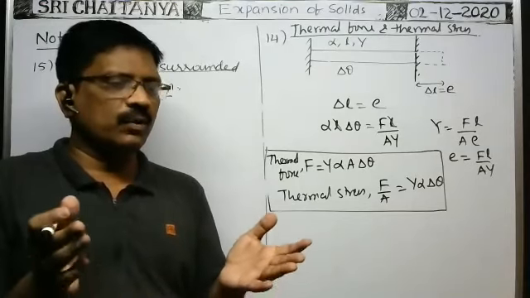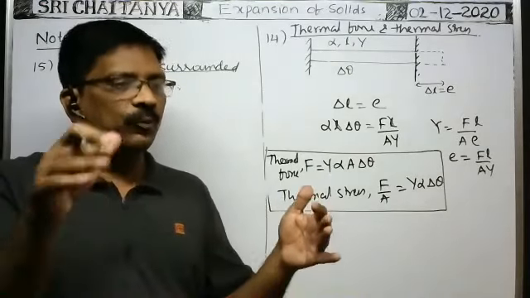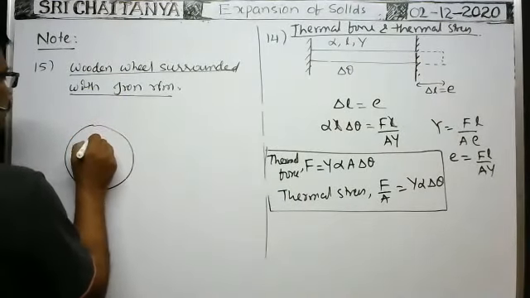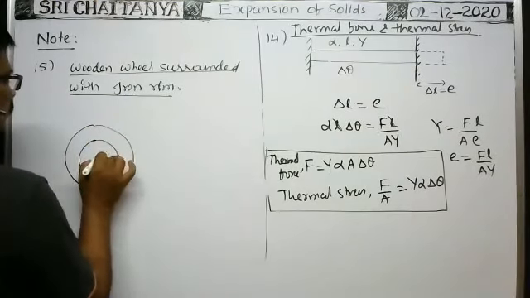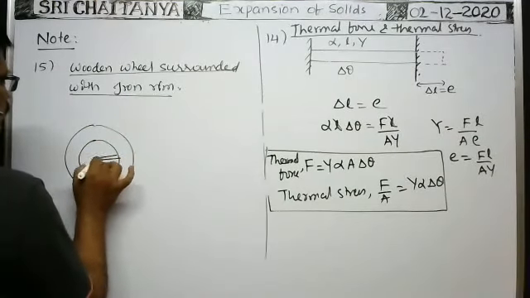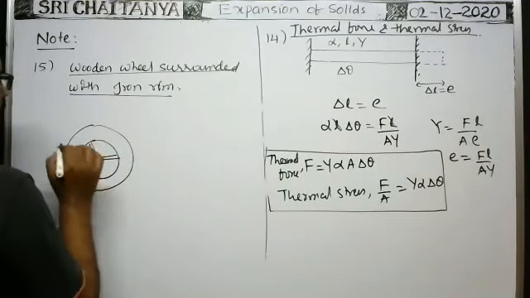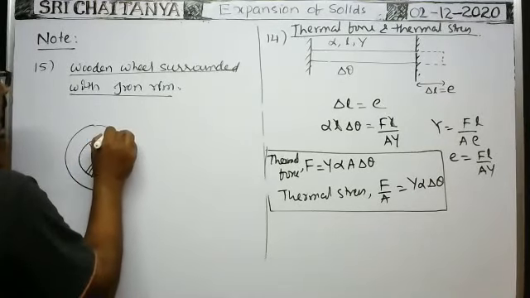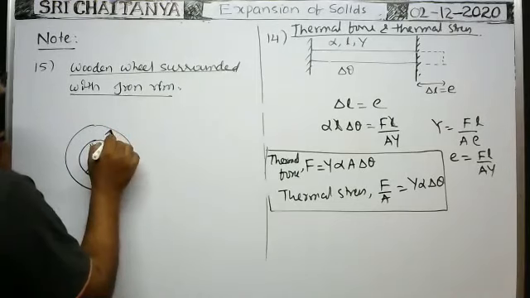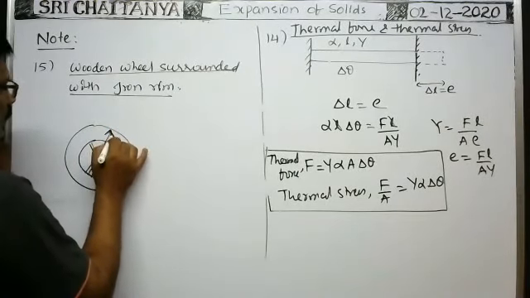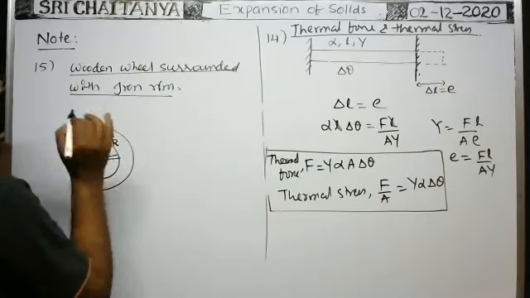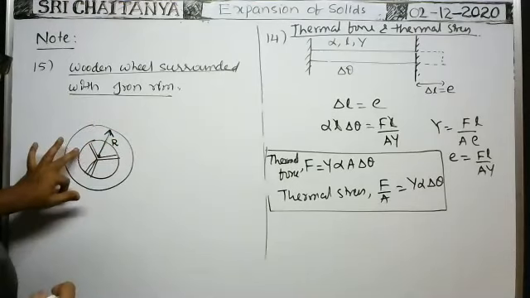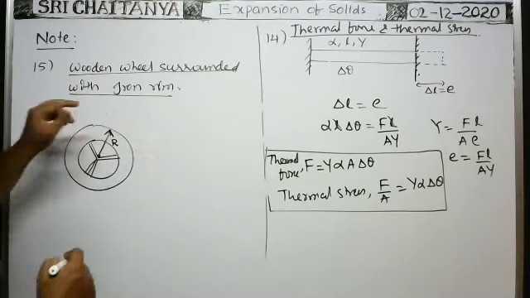Over the wooden wheel, suppose this is the wooden wheel. Here the radius of the wooden wheel is capital R. Over this wooden wheel, we need to fix the iron ring, or iron wheel.